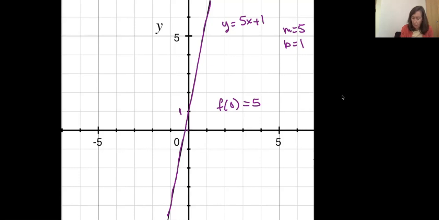The y value is 5 times 0 plus 1, which gives me 1. Great. And the other thing that I've asserted, and I think we can see here, is that the slope is 5.